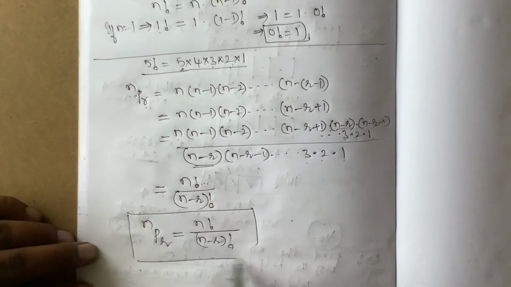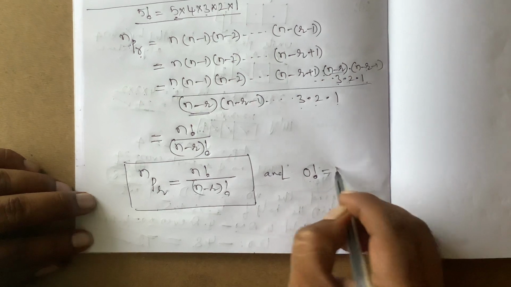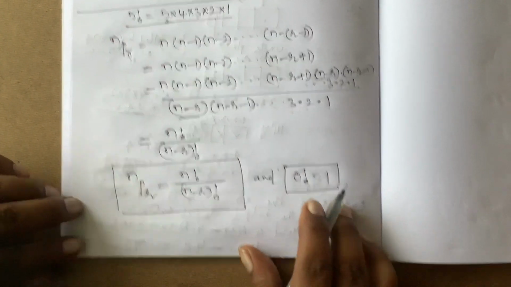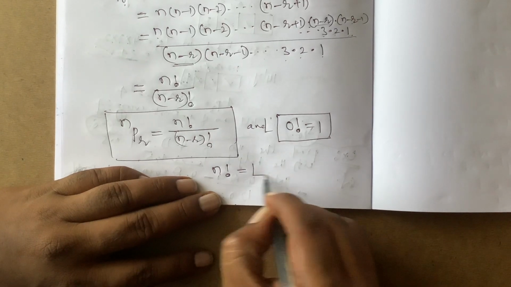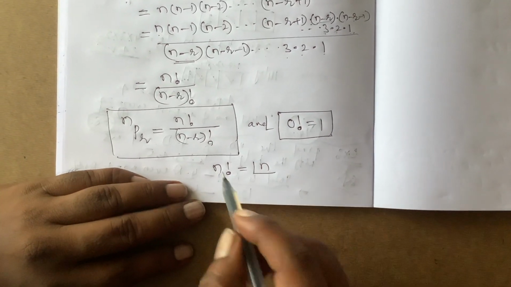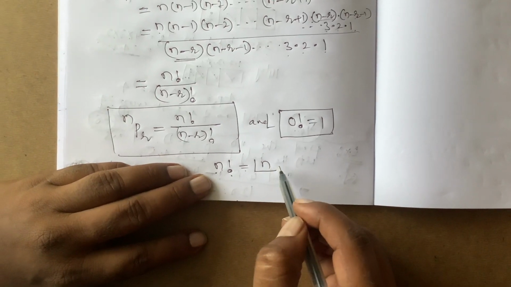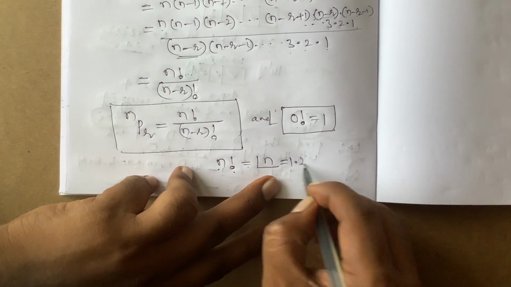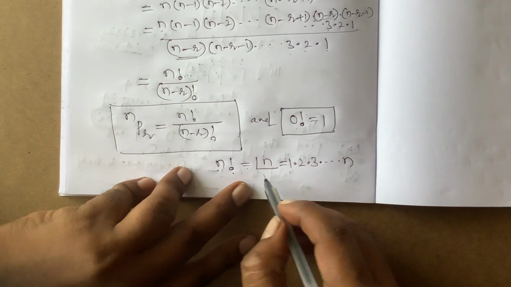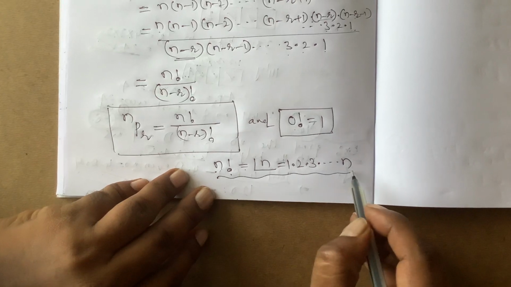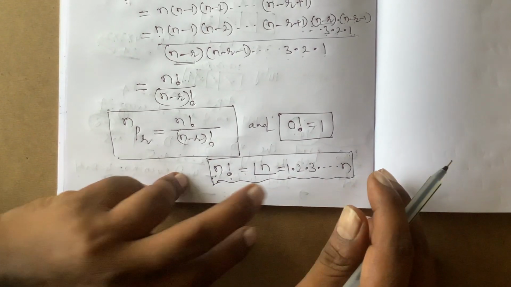Remember this value, and in addition, 0 factorial equals 1. Also n factorial or factorial n, both are the same, and equal 1 into 2 into 3 and so on up to n. The product of the first n natural numbers is denoted by n factorial.